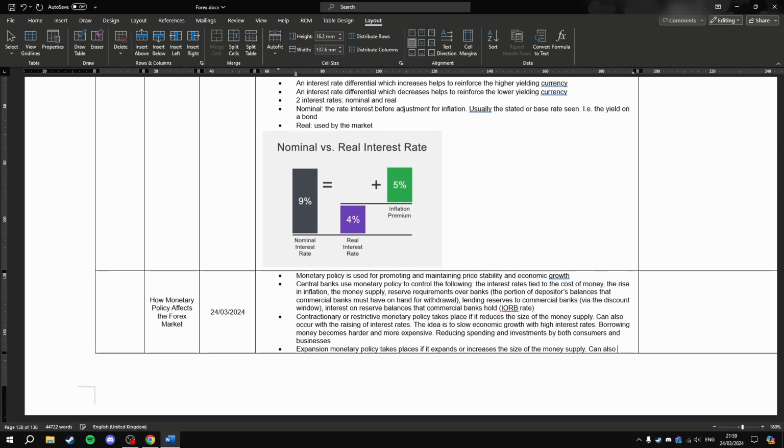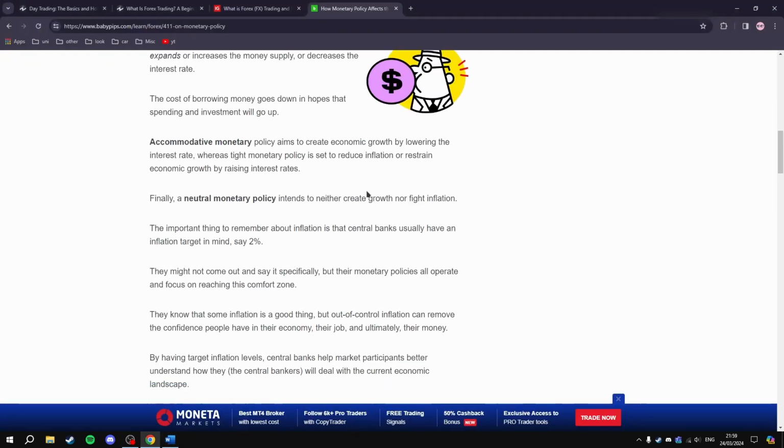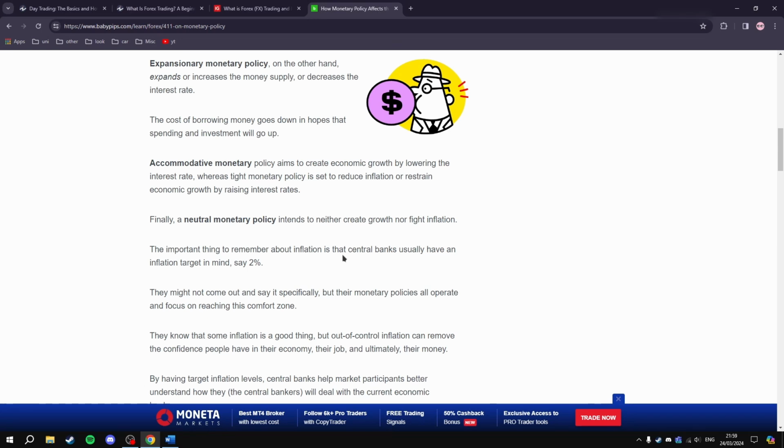It can also occur with the decreasing of interest rates. The cost of borrowing money goes down in hopes that spending and investment will go up.